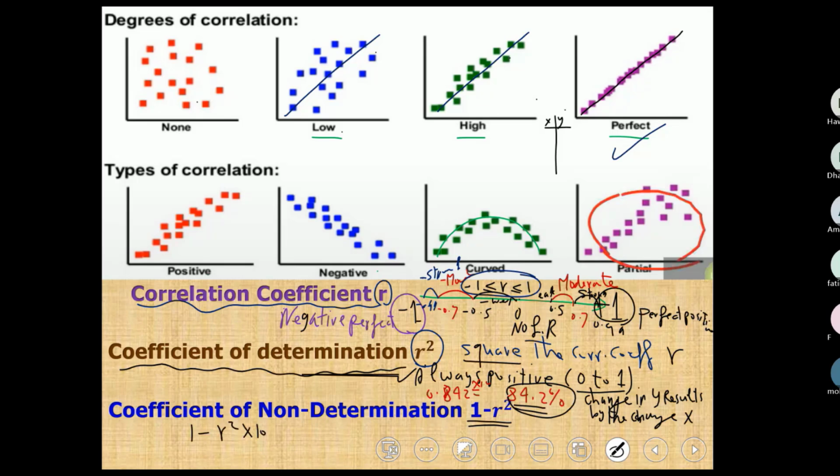If I multiply by 100, I get a percentage, which is the complement of the percentage of this one, which is, I think, 15.8, if I'm correct. So this percentage of change in your dependent variable y does not result from the change in x, right?